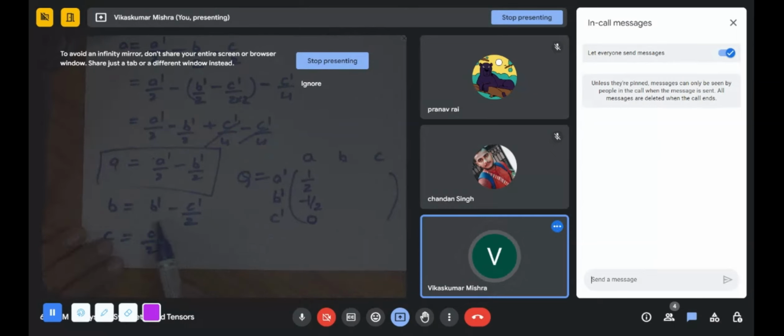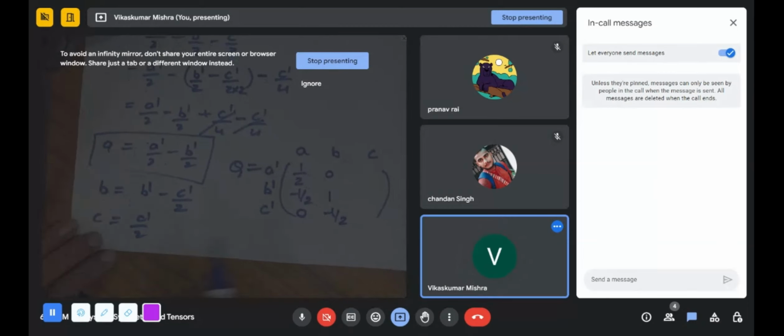There is no a dash term, so b associated with a dash will be 0. b with b dash will be 1 and b with c dash will be minus 1 by 2. For c, the remaining terms are 0 and the only term is 1 by 2. So this is what we have got, the Q.